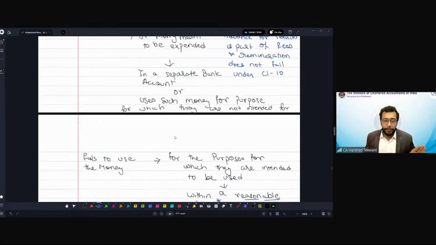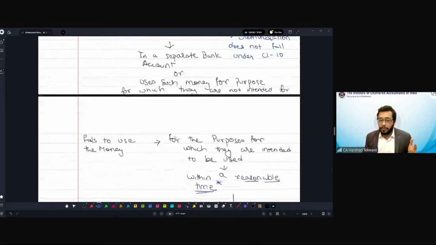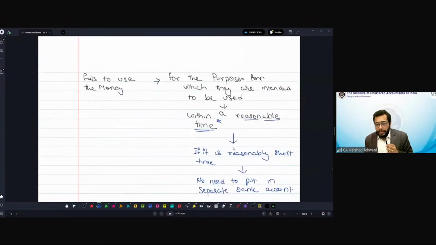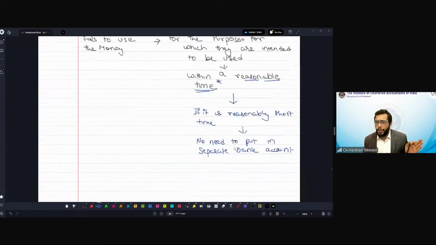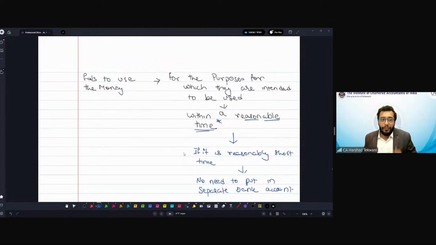Any doubt till now with respect to clause 10? So if it is a reasonably short time, no need for a separate bank account, but you need to use that money in that time. Otherwise it will be counted as having failed to use the money and clause 10 will get attracted.